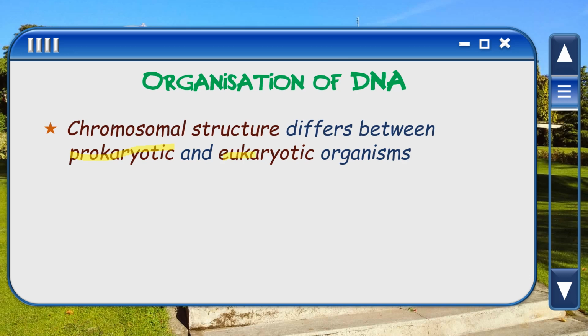And eukaryotic organisms are organisms that have membrane-bound organelles, or they have a nucleus. So their chromosome structure is different: if you look at the chromosome structures of prokaryotes and eukaryotes, they differ.